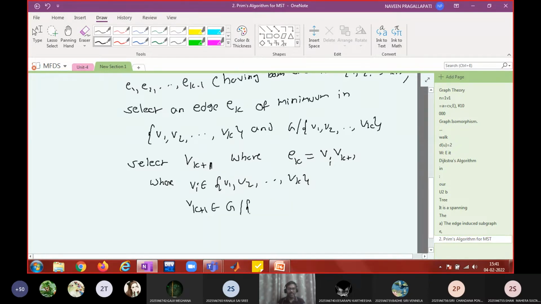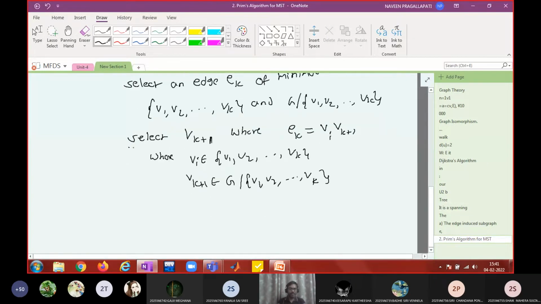That means G minus V1, V2 and so on Vk. So that's it. Now then, what is the step 3?